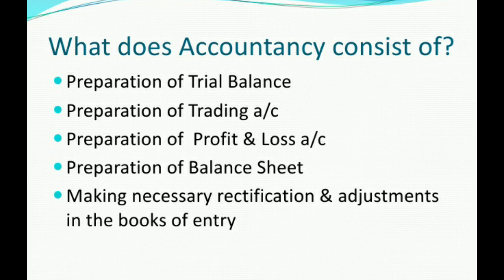So, the following needs to be prepared for analysis: preparation of trial balance, preparation of trading account, preparation of profit and loss account, preparation of balance sheet, and making necessary rectification and adjustments in the books of entry. Now, if a question comes to you that what does accountancy consist of, you will write these 5 only. When we go into detail of trial balance or trading or profit and loss account, we will explain that to you. For now, it is just these 5.